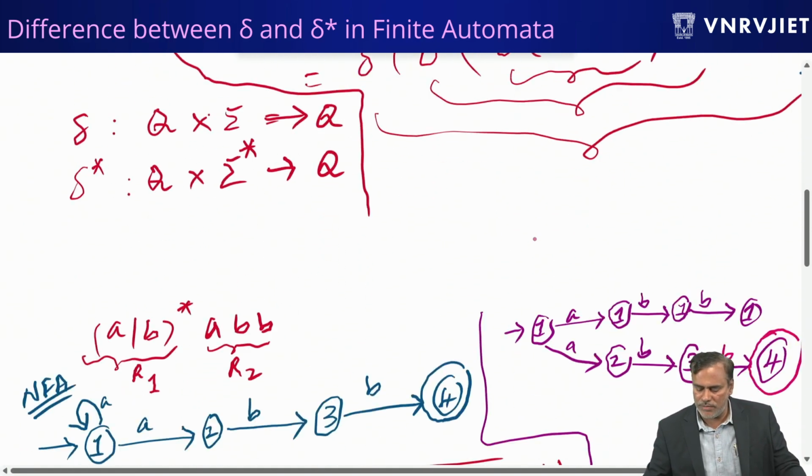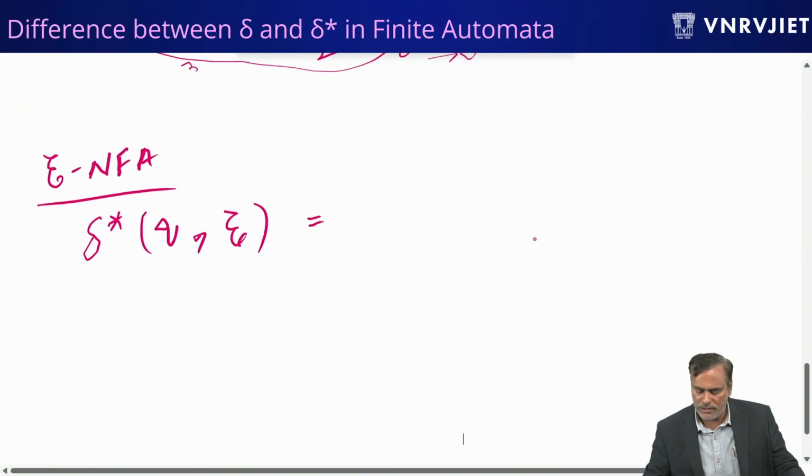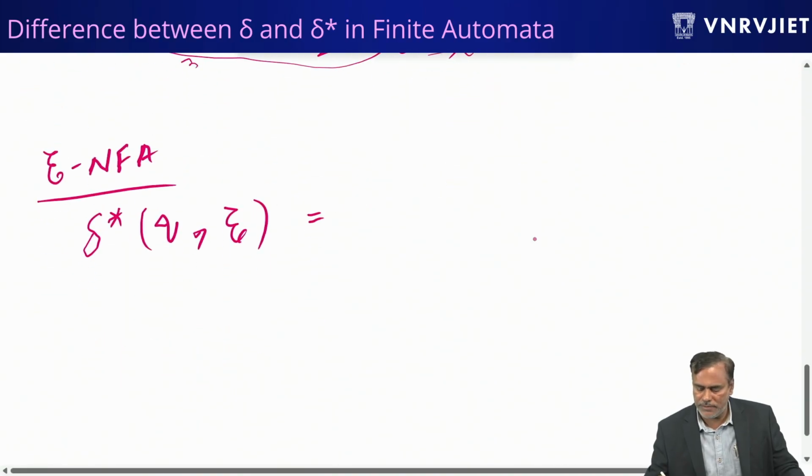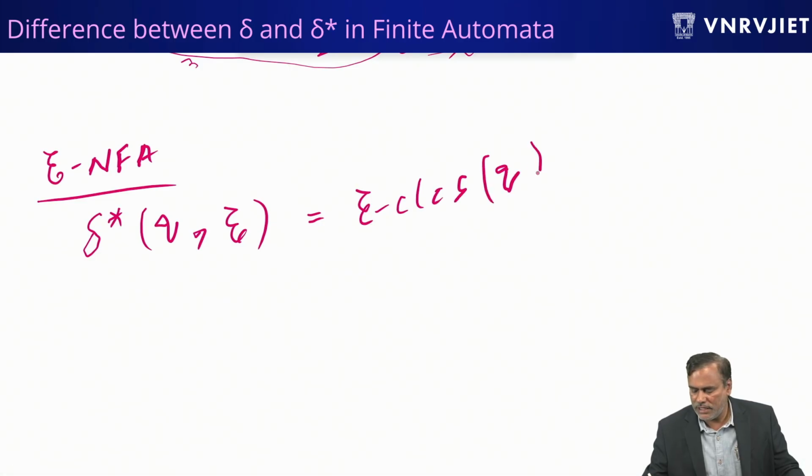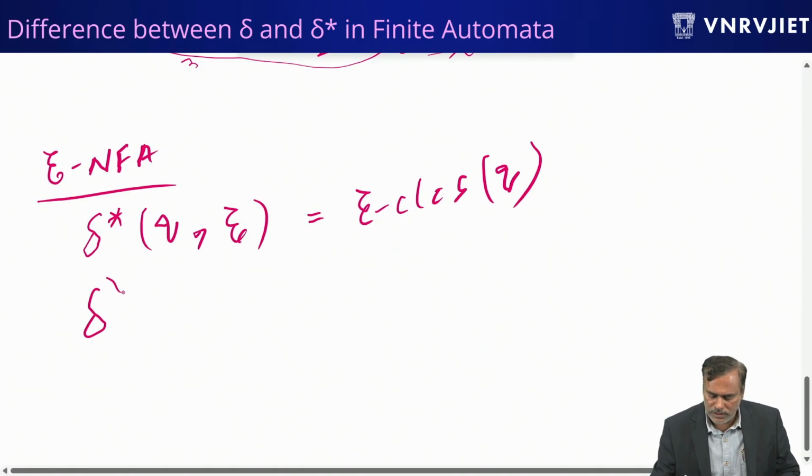Next, now we are talking about this epsilon NFA. So the delta star of Q epsilon is what? It is not just Q, but the epsilon closure of Q with respect to this epsilon NFA. Is that clear?